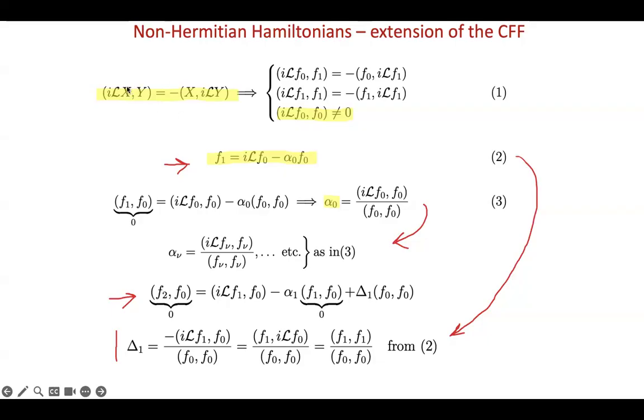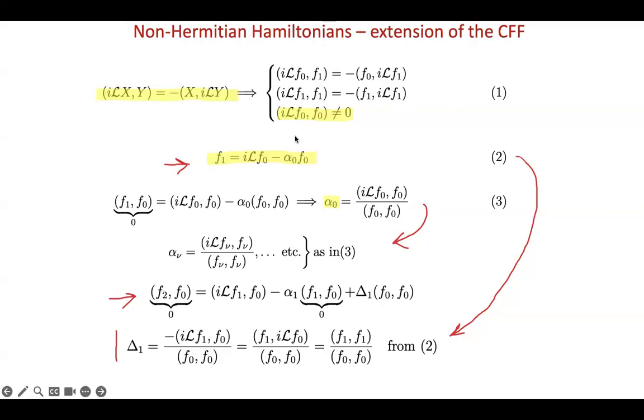So now let us put some faces on x and y. IL F0, with x is F0 and y is F1, is minus F0, which is x again, IL F1. Similarly, IL F1 comma F1, by this property, is minus F1 IL F1.